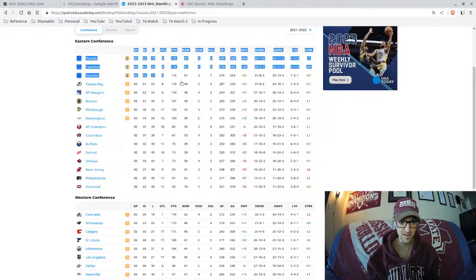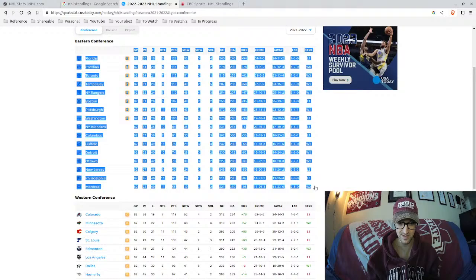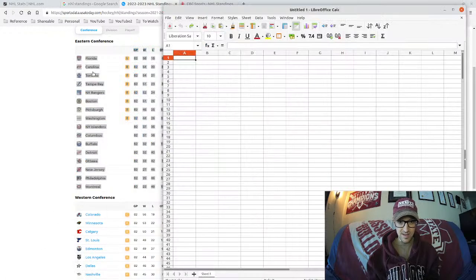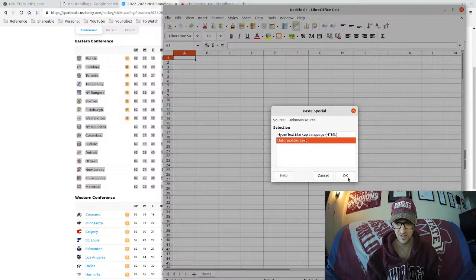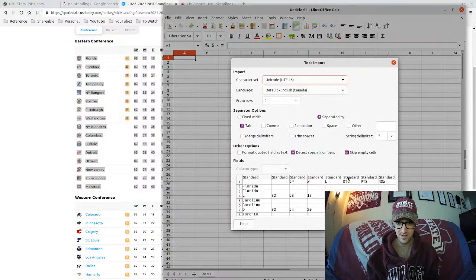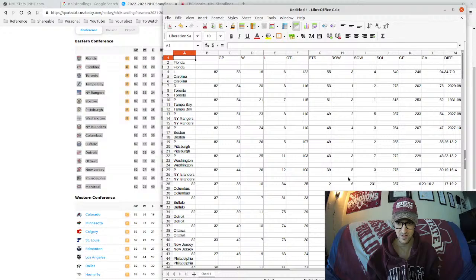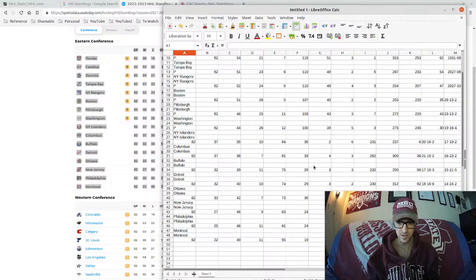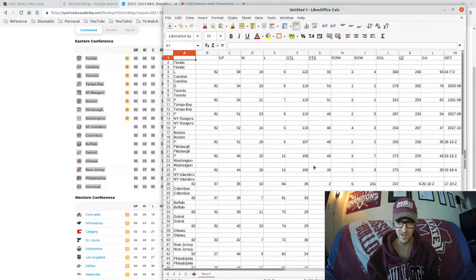Okay, so this one could work if it translates. Doesn't translate well, but it's not horrendous.